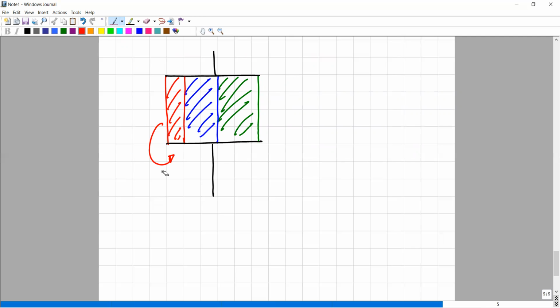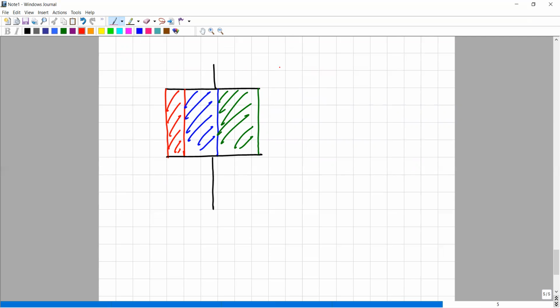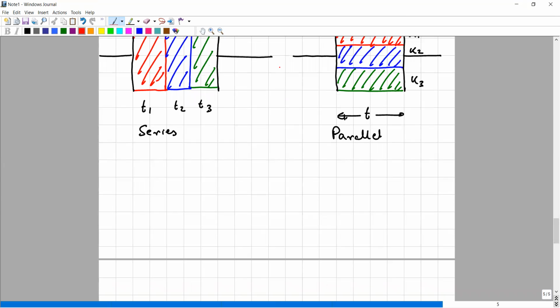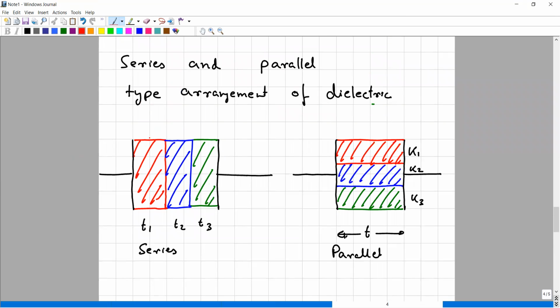That means this becomes a parallel connection. So please don't follow the diagram quickly. First identify the arrangement with this concept, whether they are connected to each other or they are connected to the plates of the capacitor. That's how you identify whether it's a series or a parallel arrangement of dielectrics.